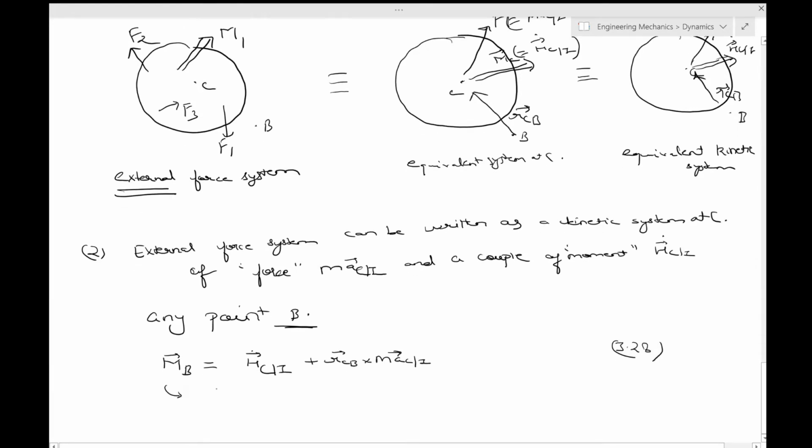So this is clearly the moment of external forces about B.